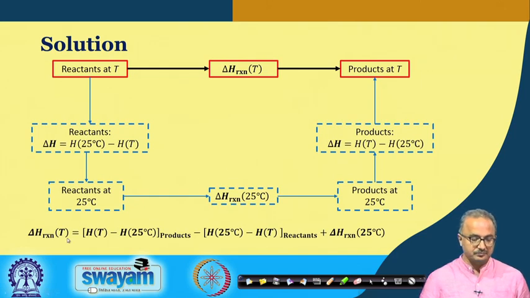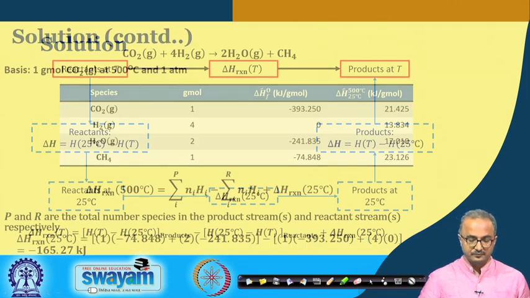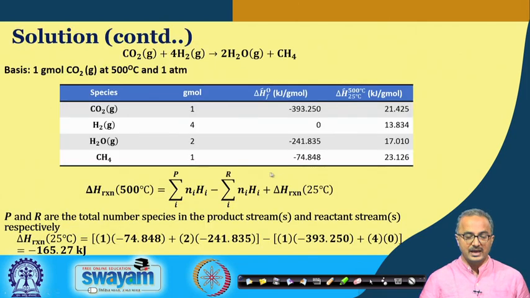Okay. Now, after doing this, this is the energy we get, that this particular thing shows how the product is taken from 25 degree centigrade to the given temperature, how the reactants are taken from the given temperature to 25 degree centigrade, and then we have the heat of reaction at 25 degree centigrade. Now, with that information and the formula, what we shall do?